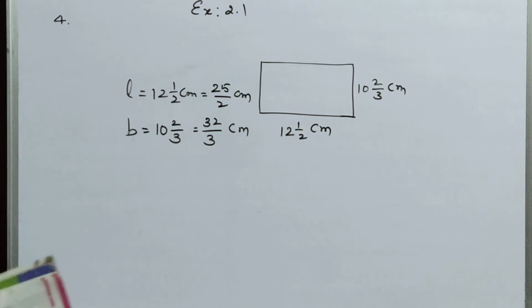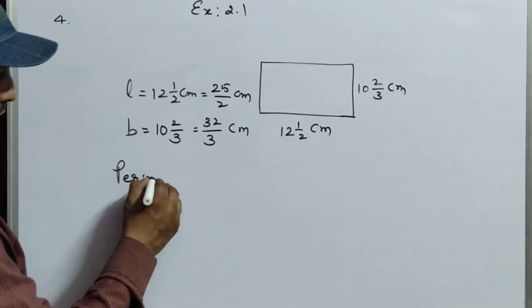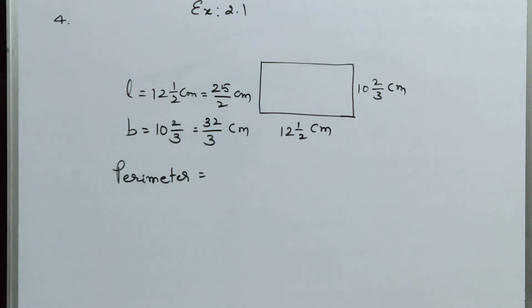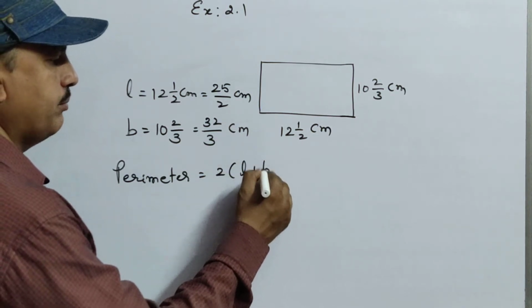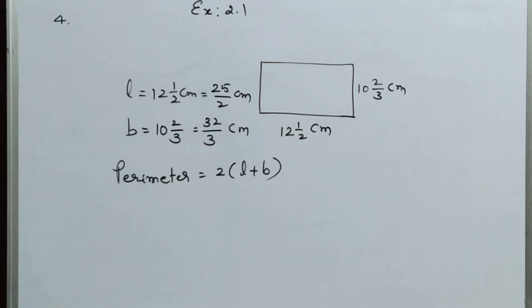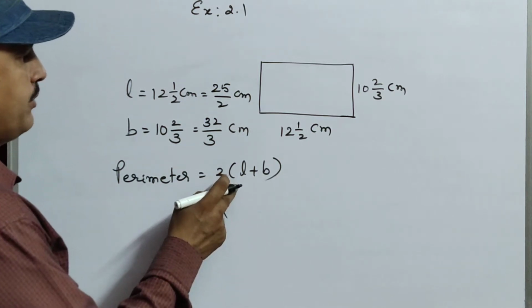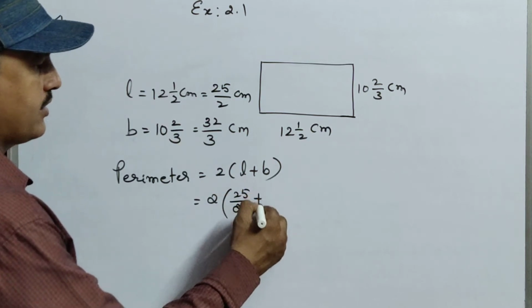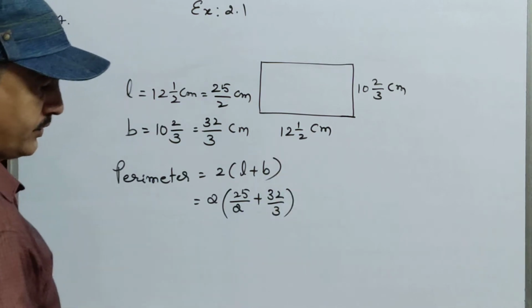Perimeter. Perimeter of a rectangle equals, what is the formula? 2 into (L plus B). Now L means length, so 25 by 2 plus breadth 32 by 3.